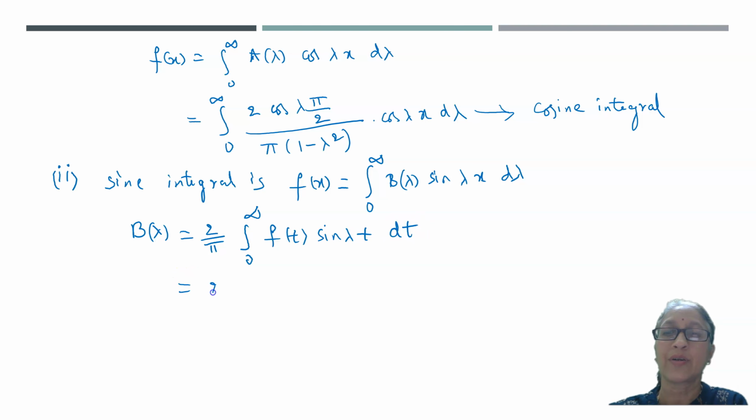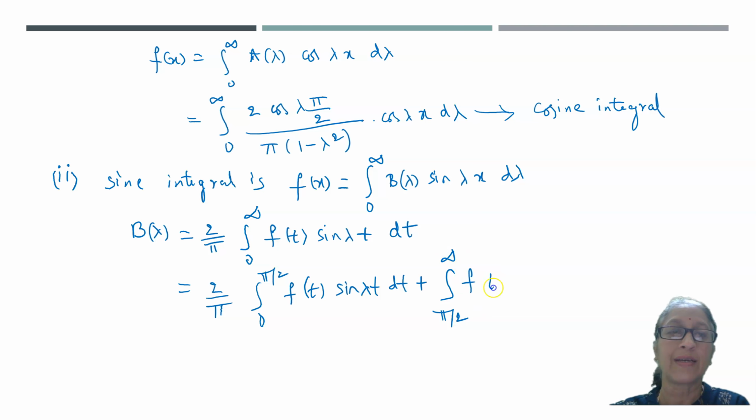So which is equal to 2 by pi integral 0 to infinity, but here integral 0 to infinity can be written as integral 0 to pi by 2 f of t sine lambda t dt plus integral pi by 2 to infinity f of t sine lambda t dt.